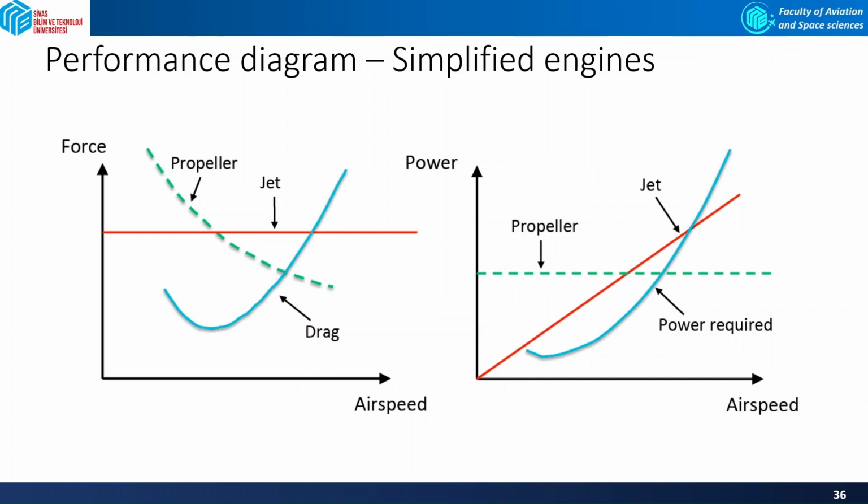The propeller with a variable pitch setting can be assumed to have more or less constant power available as a function of airspeed. The diagrams that you see here are called performance diagrams.